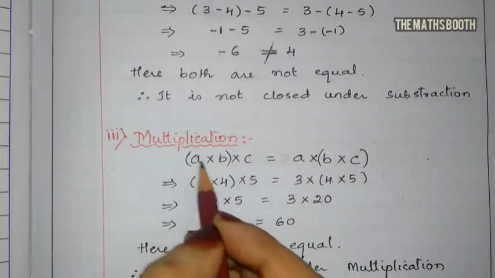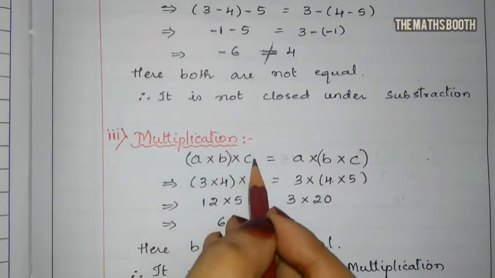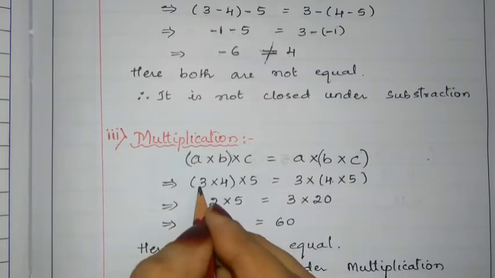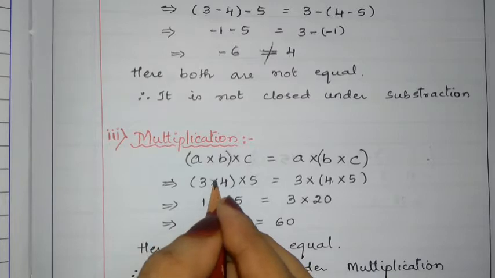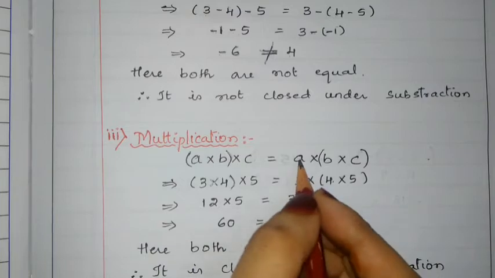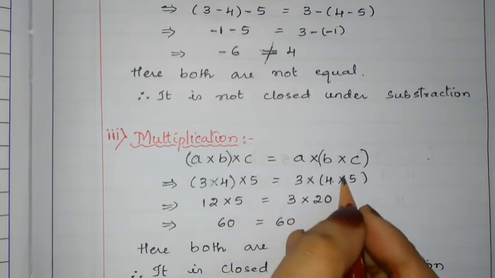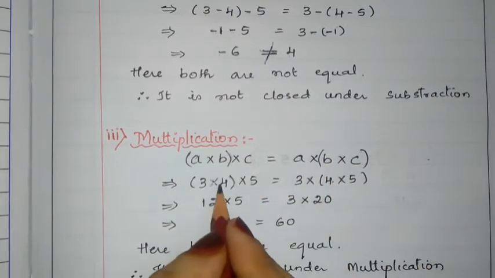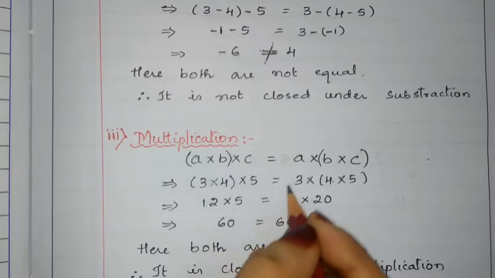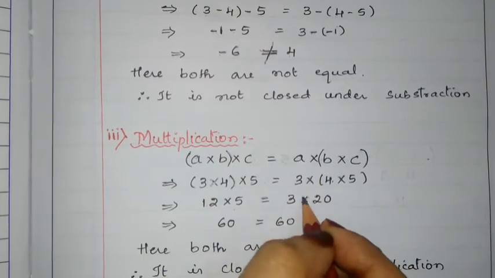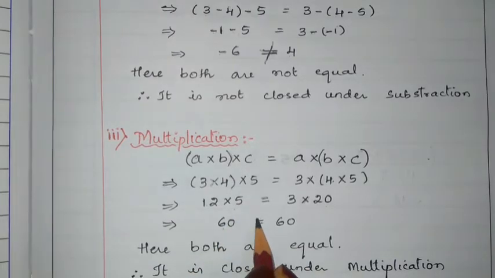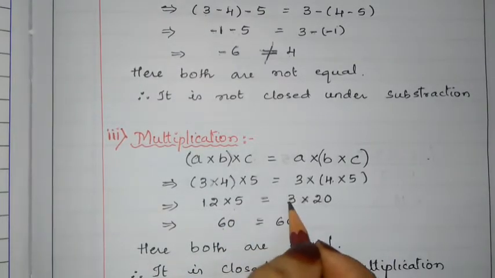Let us check the next one, multiplication. Same thing here: (a × b) × c is equal to a × (b × c). a value 3, b value 4, c value 5. (3 × 4) × 5 equals 3 × (4 × 5). 4 threes are 12, times 5 as it is. On the right, 3 as it is, times, 5 fours are 20. 12 fives are 60, equal to 20 threes are 60.